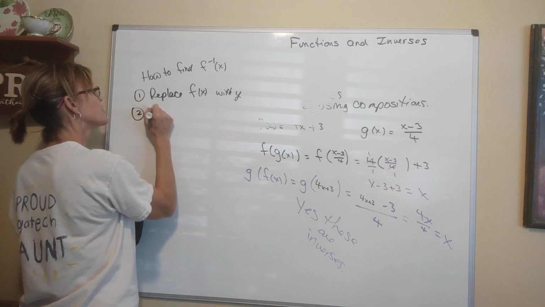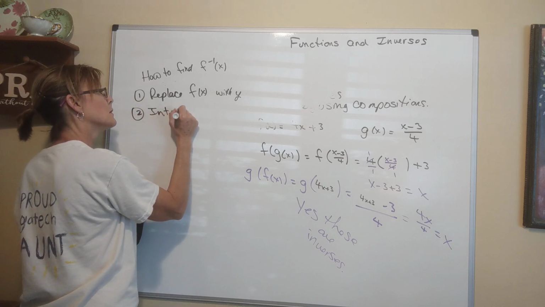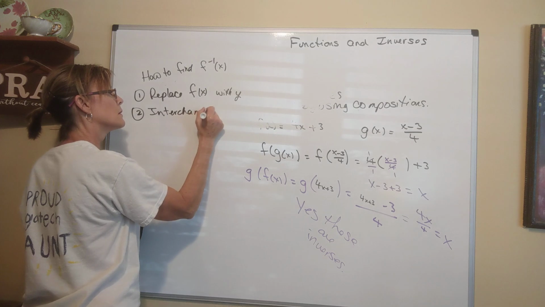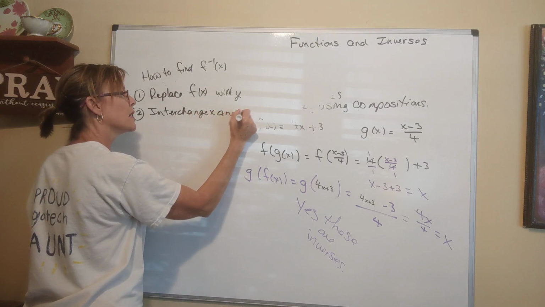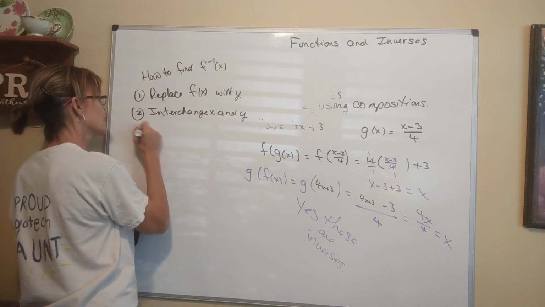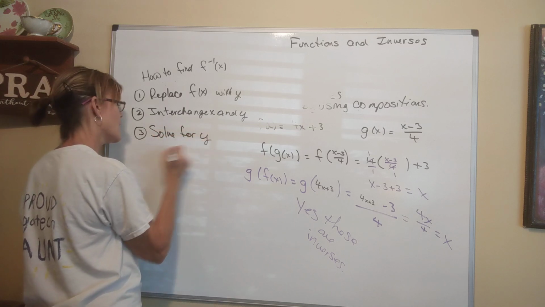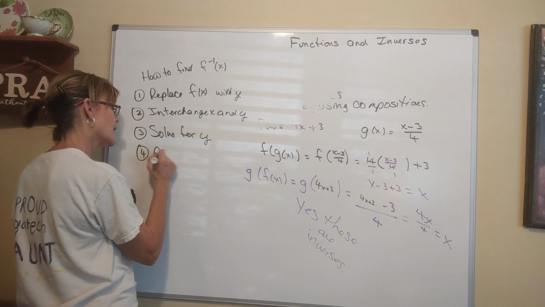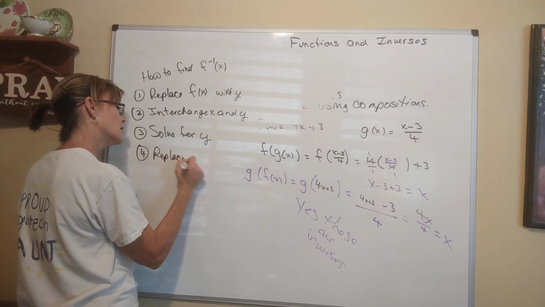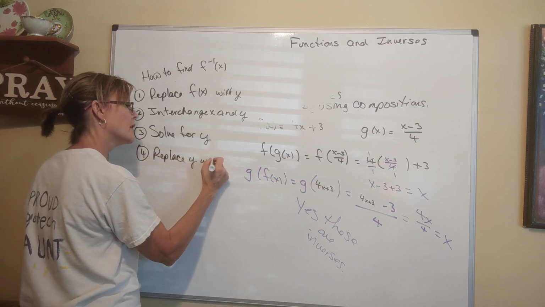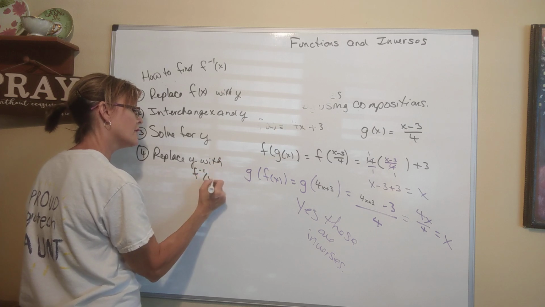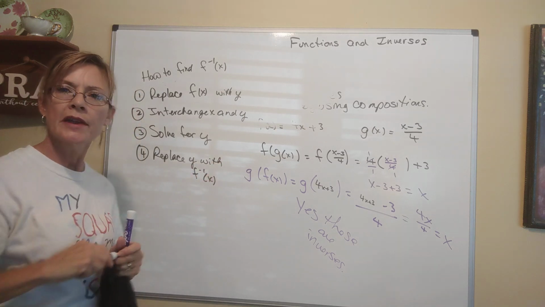Number 2, interchange x and y. Number 3, solve for y. Number 4, replace y with f inverse of x. So it's a little 4-step operation.